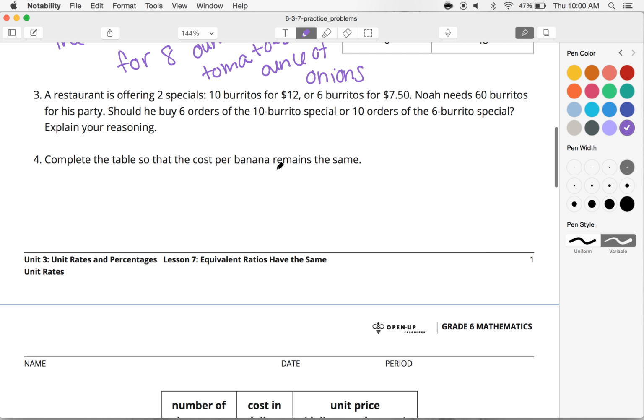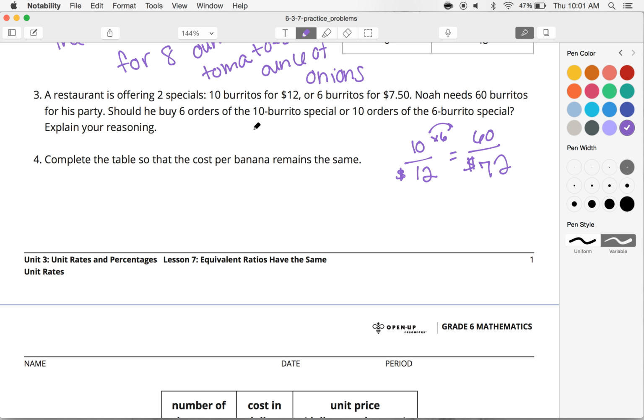So for this one, we can figure out that we need 60 burritos. So how do we get to that 60 burritos? So if it's 10 for 12, if we're trying to get to 60, we have to multiply by 6. So then if I take my 12 and I multiply it by 6, I'm going to get $72.